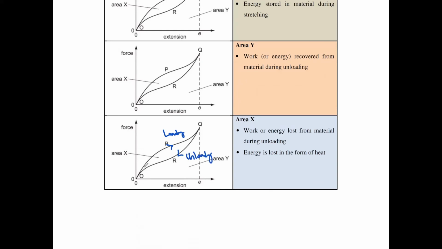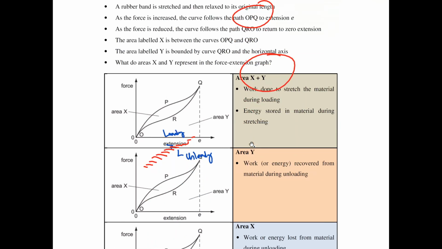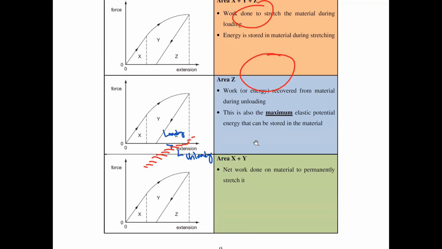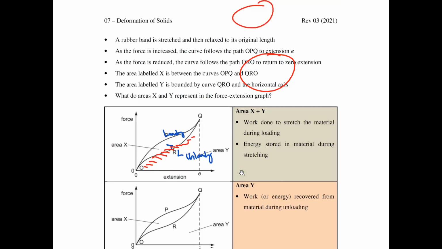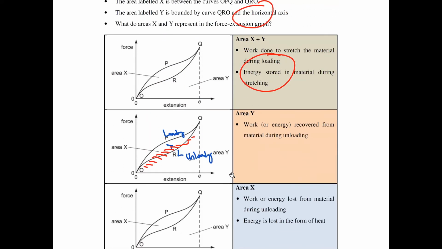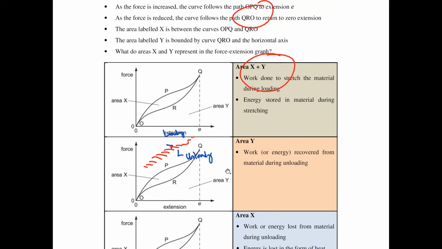What does this area represent? Now, for the first two areas, you will have noticed a similarity with the previous example. The first one is the work done to stretch the material. The second one is the work recovered during unloading. Now, the third one for this current example will not be the same as the previous example.